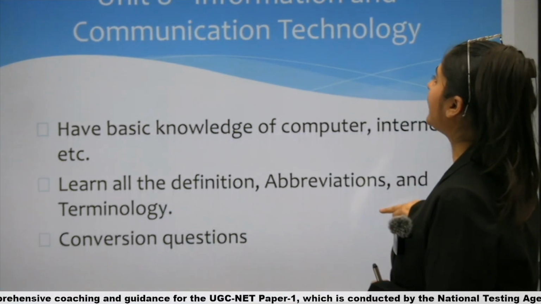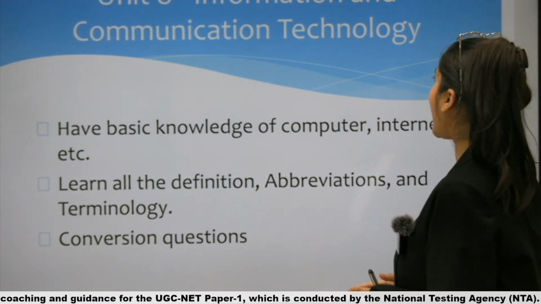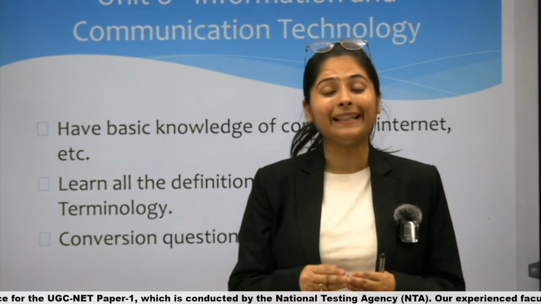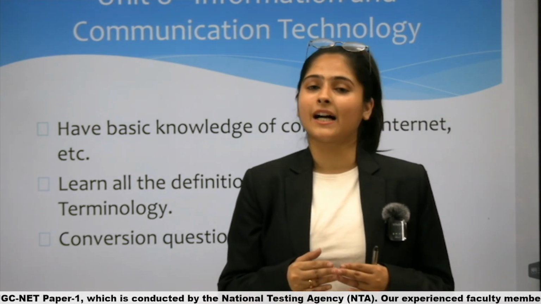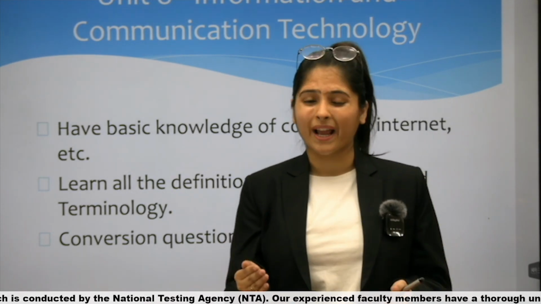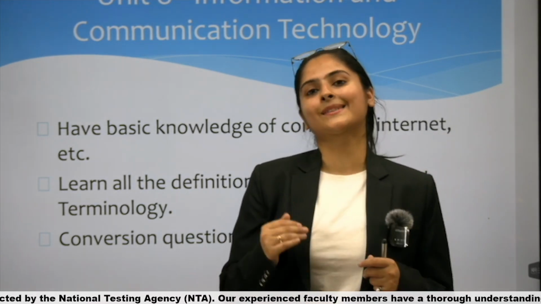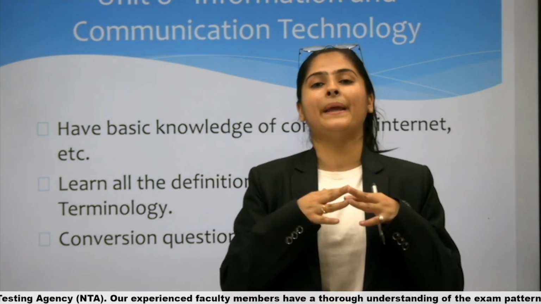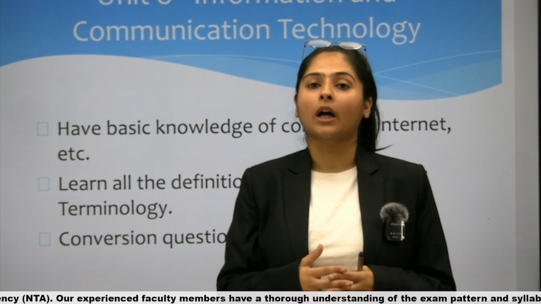Now come to unit 8, that is information and communication technology, that is ICT. Again, it is a very simple unit because it asks you very basic knowledge about the internet, computer devices, what are output devices, what are input devices, RAM, ROM, and such basic knowledge about computers.